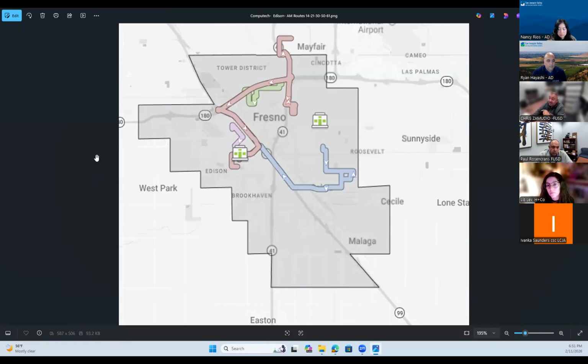So that's some of the challenges on how our routes are tiered based on logistics, where the school site's located, where they're going. So that's some of the things we will be looking into on how we can move some things around and to create and pair up these runs that service this area, these boundaries.